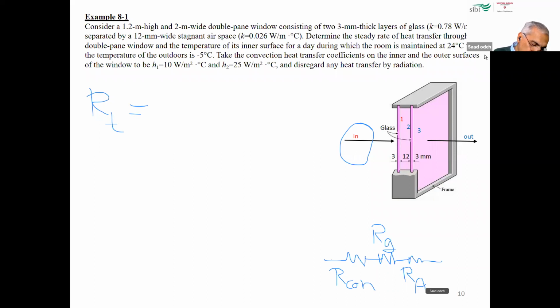And the fourth one here, our glass second layer. You can see both layers are the same, correct? They have the same size, the same thickness, and the same material, glass. So our glass 1 is same as our glass 2.